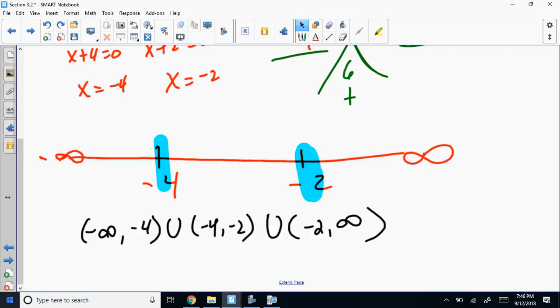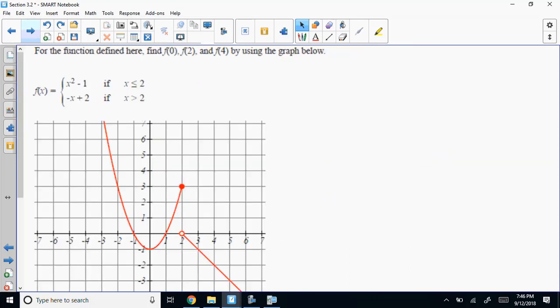Okay? All right, here we go. So we're going to do piecewise, right? So here's the piecewise function. The first one is x squared minus 1. That's a quadratic. This first one is only good for values from negative infinity up to 2 and including 2, right?